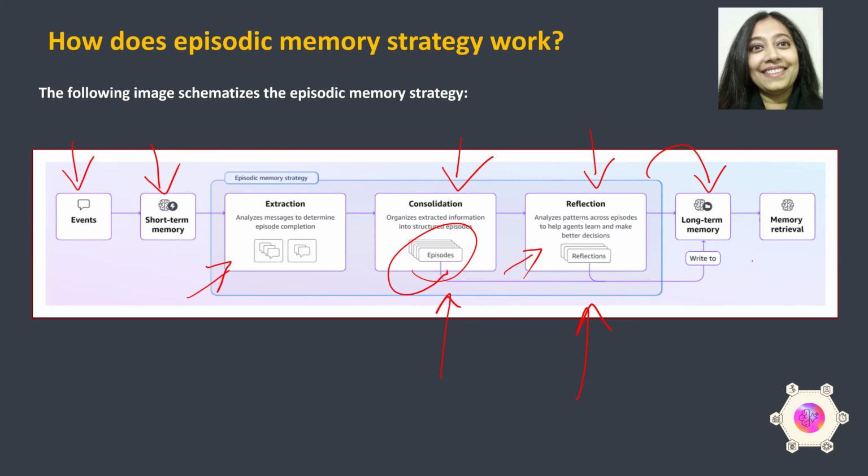And of course, finally, you can retrieve them. So very simple, right? Extraction, consolidation, reflection. Consolidation creates episodes. Reflection creates reflections, aka insights or lessons learned. And episodes and reflections are what are written to your long-term memory.